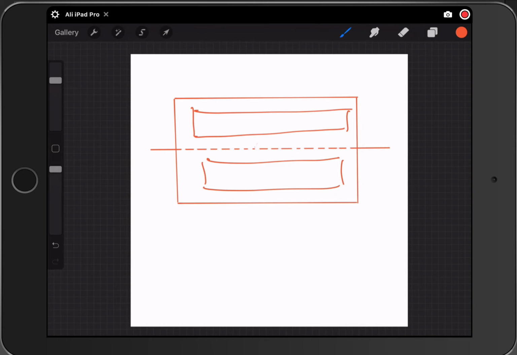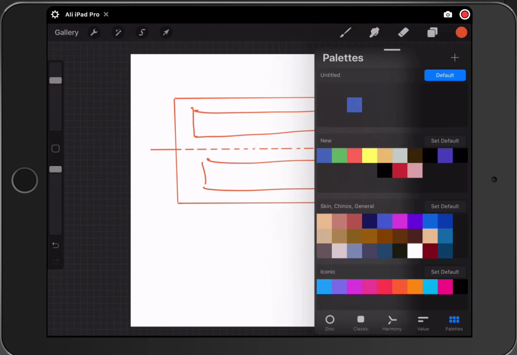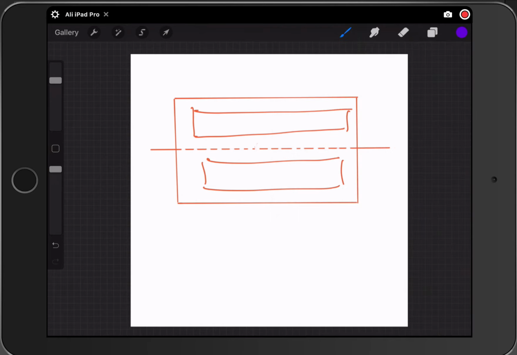If we put it over to one side again, let's go purple because we can. So here we go, horizon line, and we're going to make it eye level. Let's say I'm looking at it from about here. Okay, this, and this, and this.